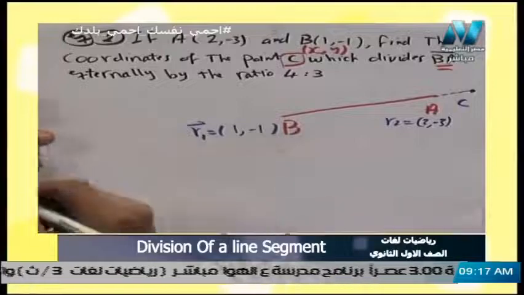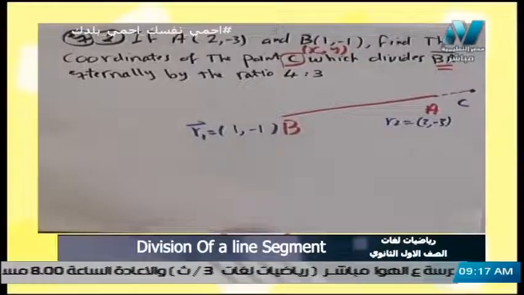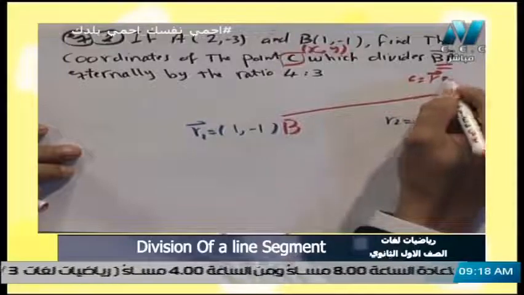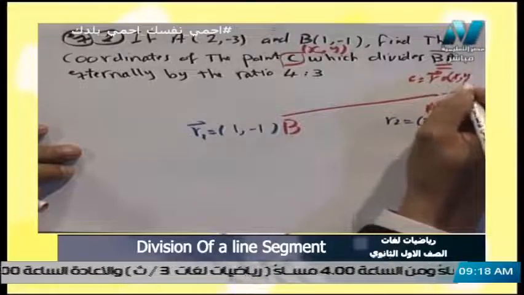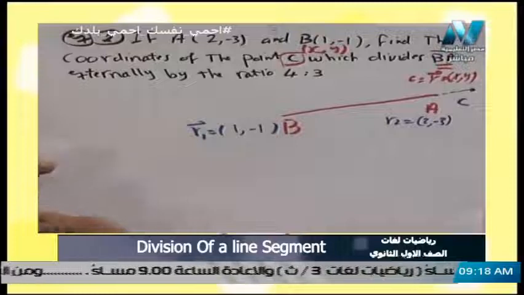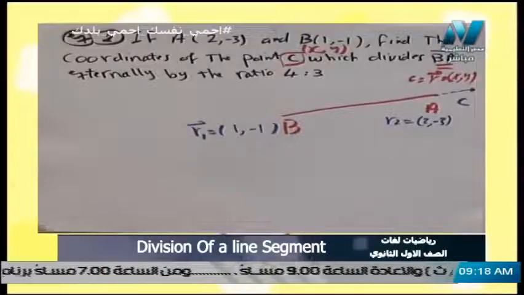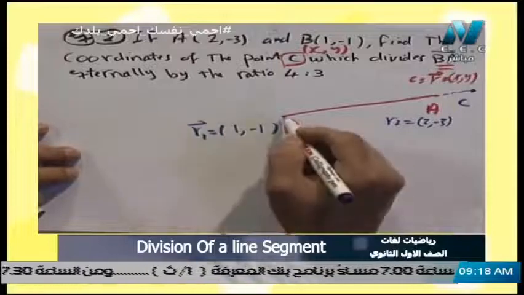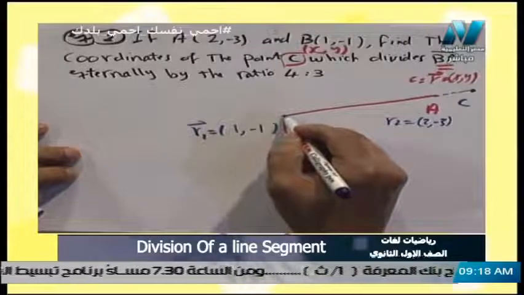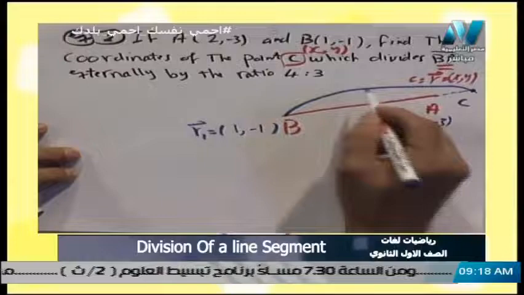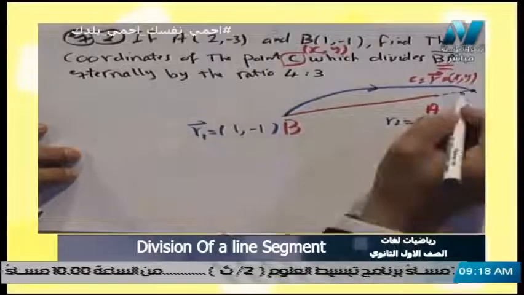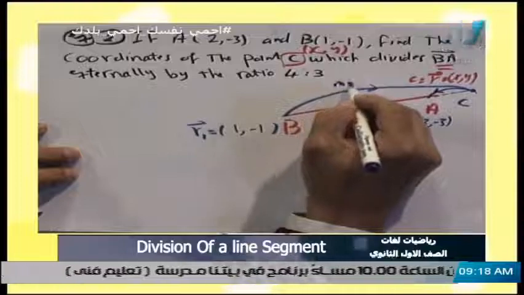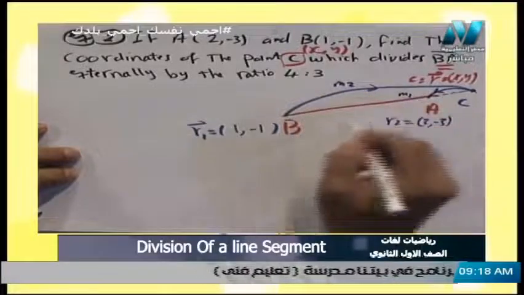And C here, C is R, which is (x, y), which is the unknown point. And the division will take this part. We start from B to C and return from C to A. So we have M2 here and M1 here.